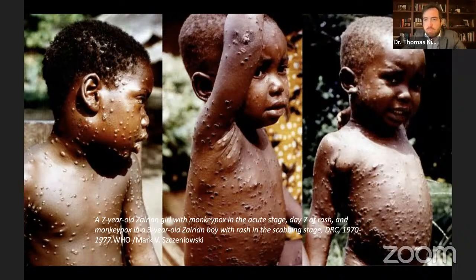It affects children pretty badly. Those are usually where we see mortality, in children or the immunocompromised. Like I said, it can cover the entire body and the oral mucosa. It's found on the palms and soles, which can help distinguish it from other rashes.